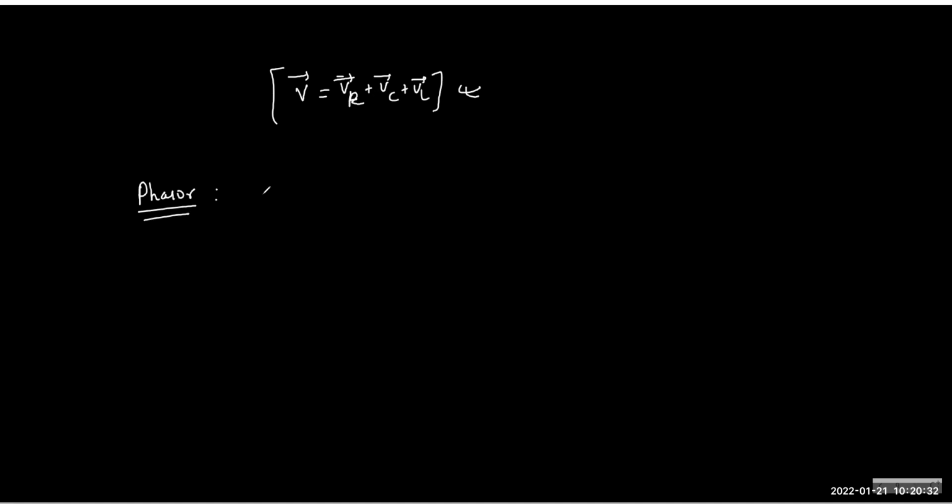So what is phasor in physics? We call it a rotating vector. And the origin of phasor is from the chapter of SHM, if you remember. So SHM is exactly like AC because it switches the direction.